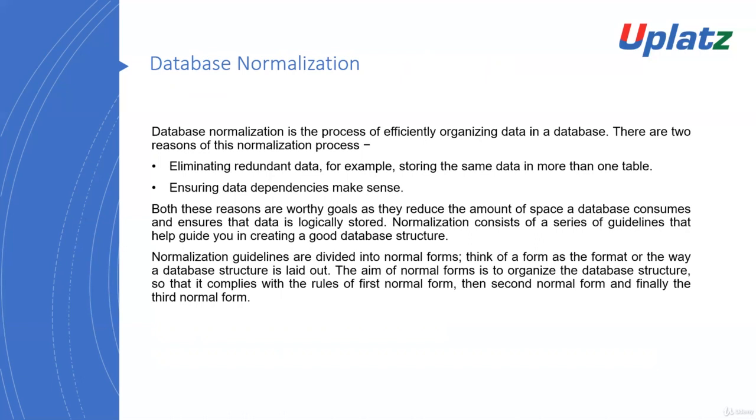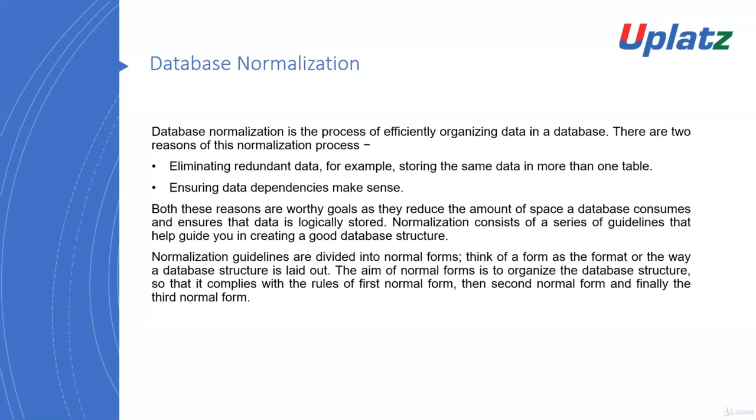Database normalization is the process of efficiently organizing data in a database. Normalization takes care of redundancy. It eliminates data dependencies. So, as it is written, it eliminates redundant data, for example storing the same data in more than one table. This is redundant, because we are depending on every individual table to store every piece of information.